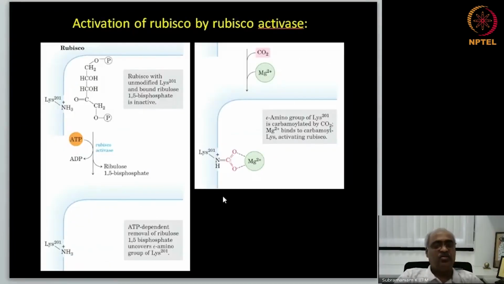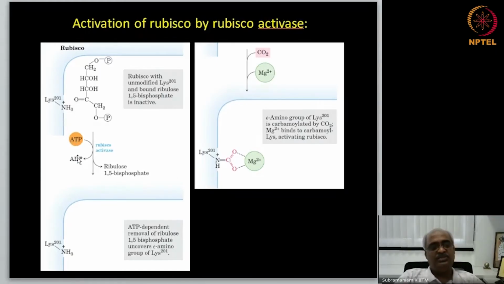All right. One extra detail with respect to Rubisco. Normally Rubisco remains completely in an inactive form. It is activated by an enzyme called Rubisco activase. It is inactive primarily because it is tightly bound with the substrate, and that prevents carbamylation of this amino group of the lysine.